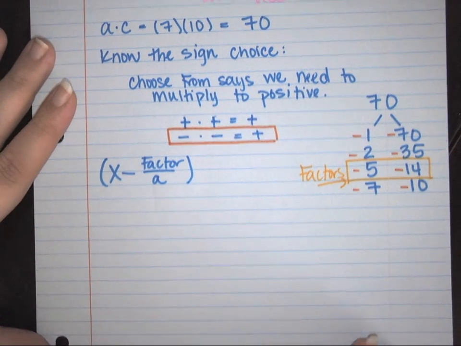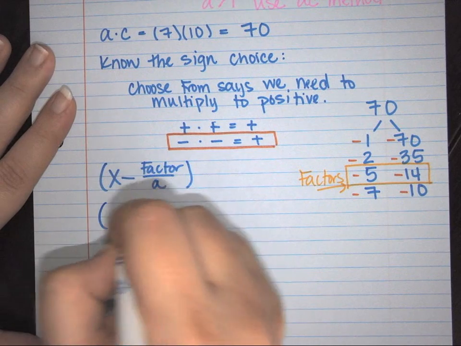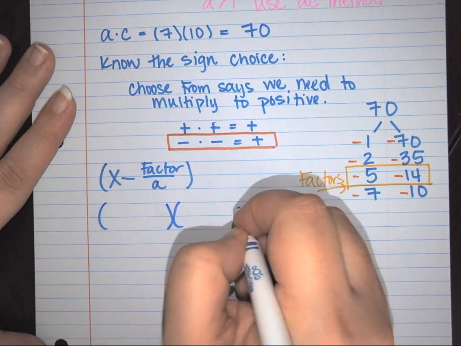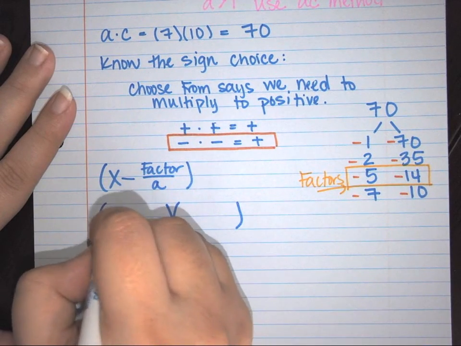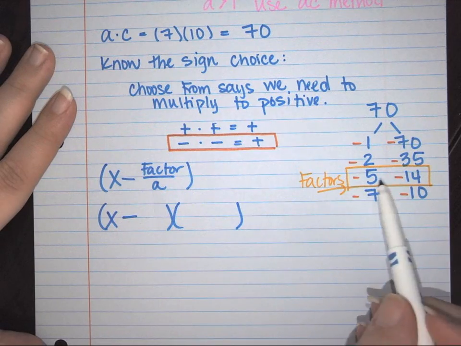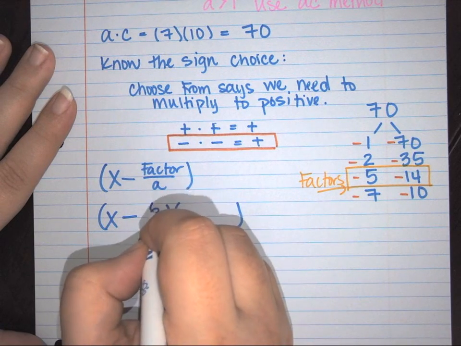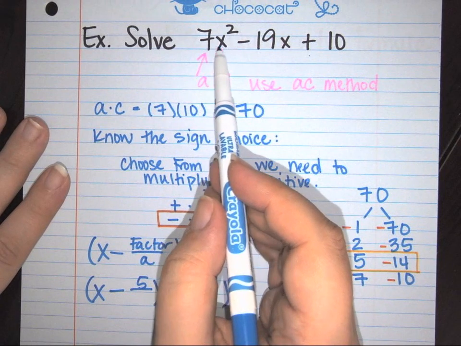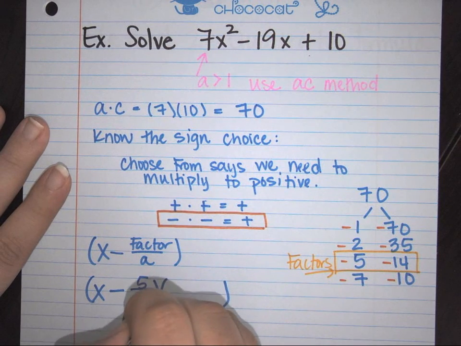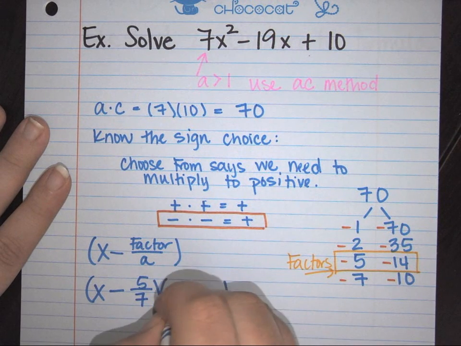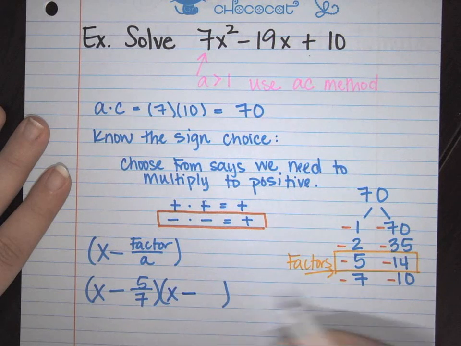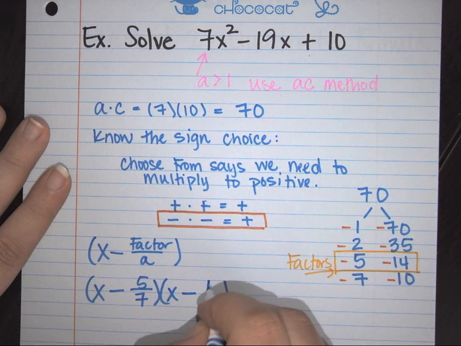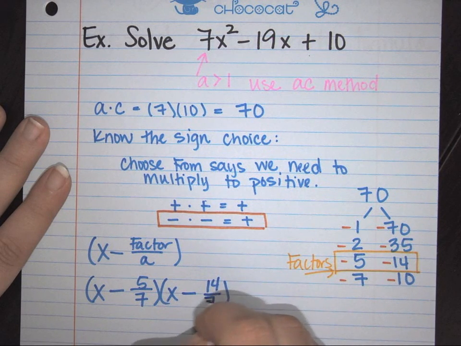I've got my two parentheses. So I have x minus 5 over 7 on the bottom, and then x minus 14 over 7 on the bottom.